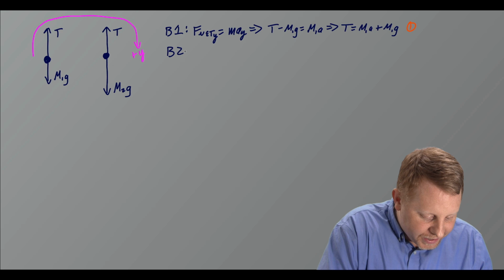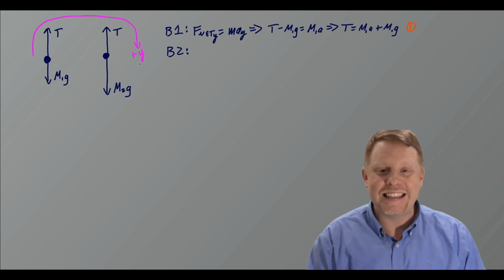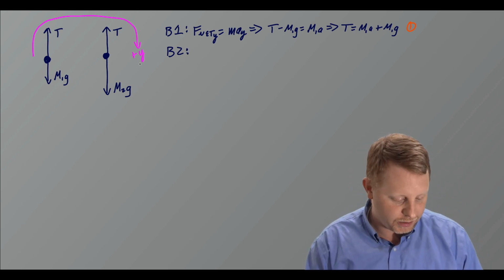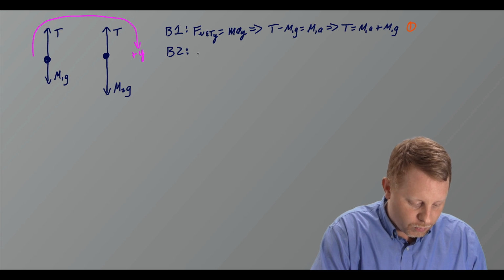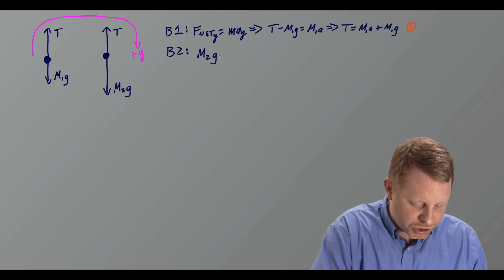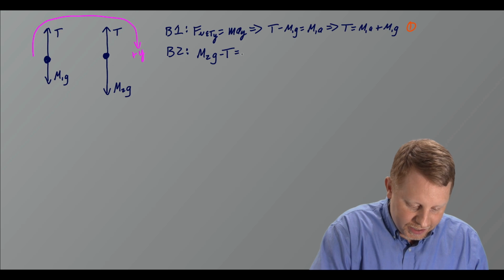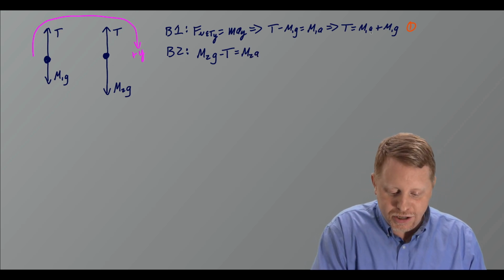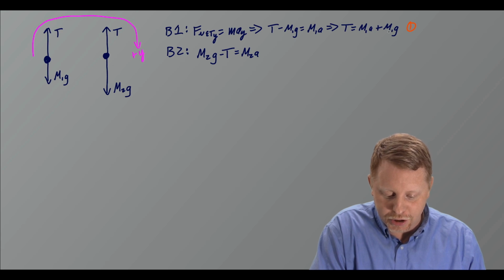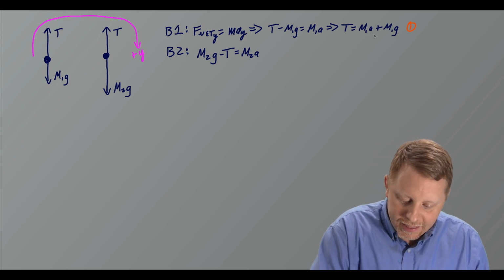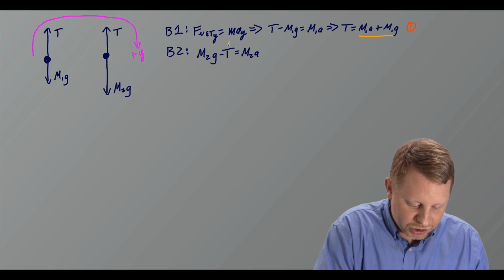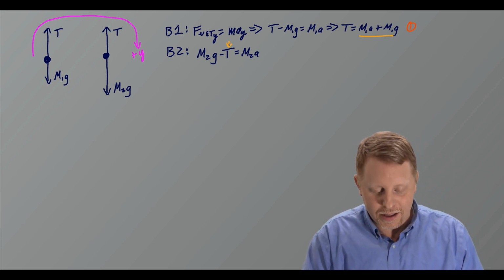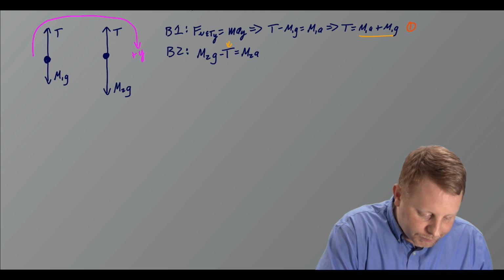Block 2, same basic idea, but now we're defining down as our positive y direction. So in this one, net force in the y direction is going to be M2G minus tension equals M2A. But look here, tension we just said is M1A plus M1G. We can place this in place of tension right there in order to solve this.